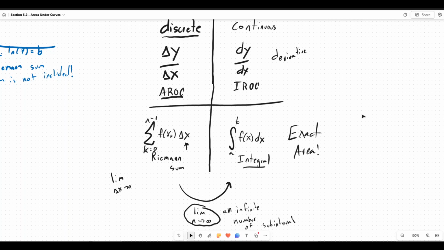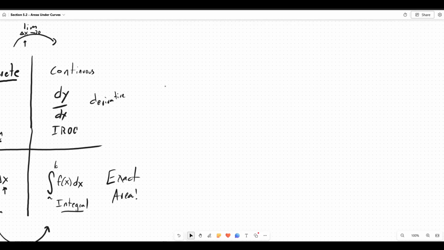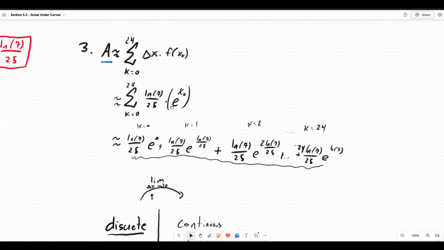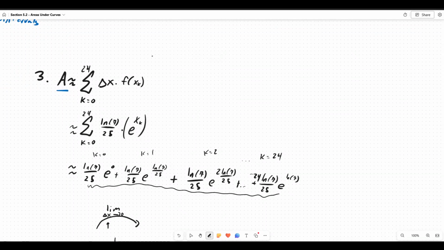So, in our previous, we said the area under this curve was approximately equal to this. But here's what I can say. The area is going to equal exactly the integral from 0 to the natural log of 7 of e to the x dx.